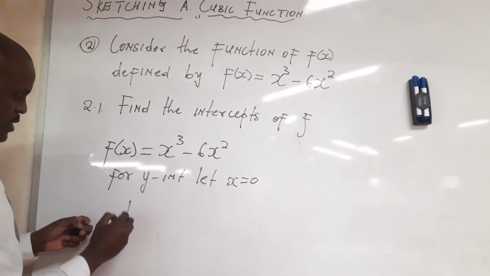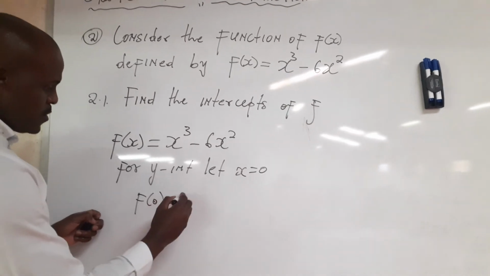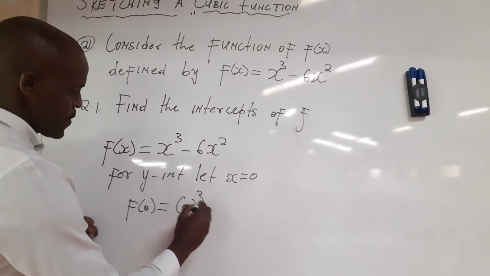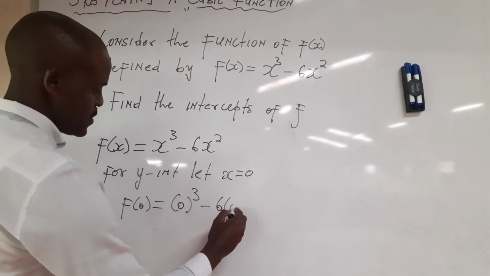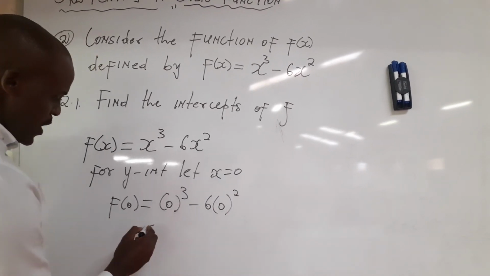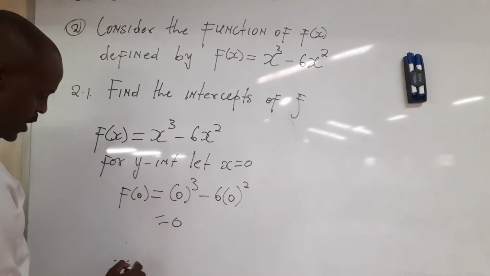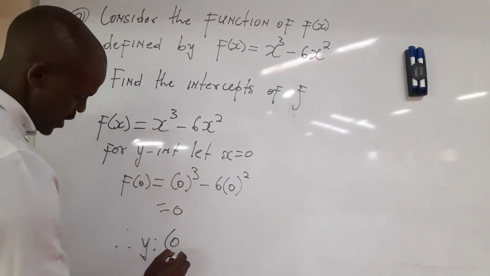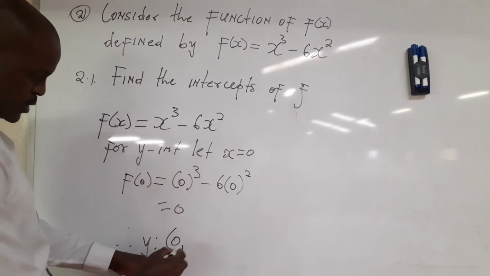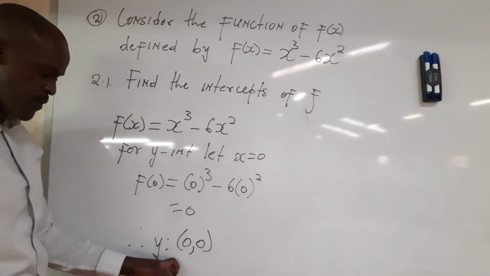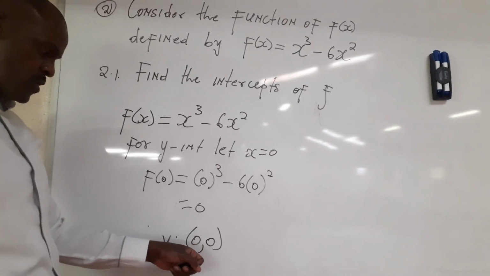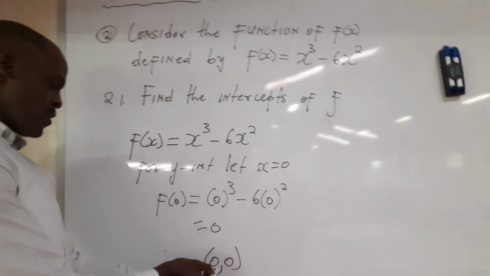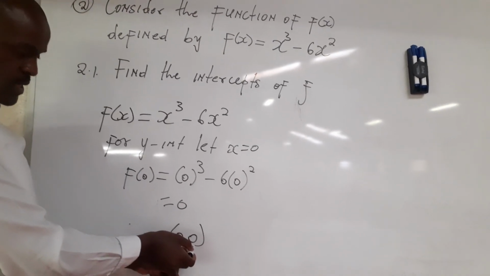Then it's 0 minus 6 times 0, and the answer here is 0. Therefore, our y-intercept will be given by this point, (0, 0). When x is equal to 0, our y is 0.